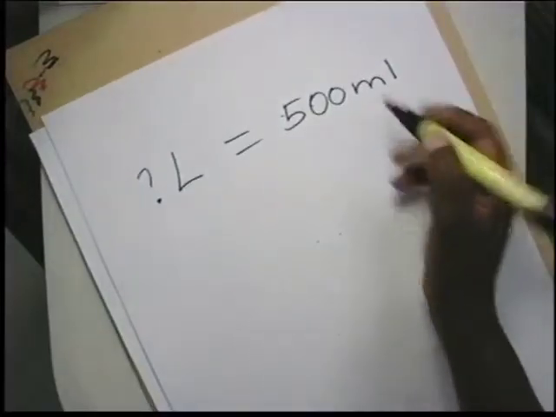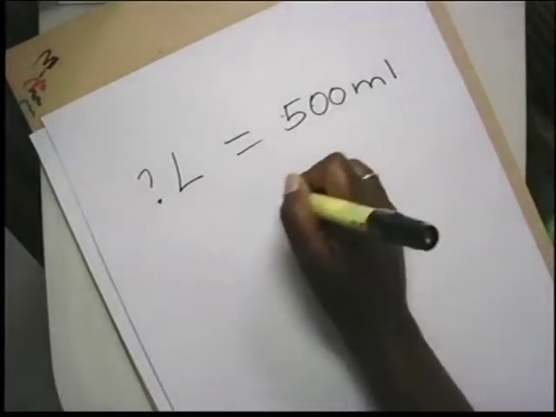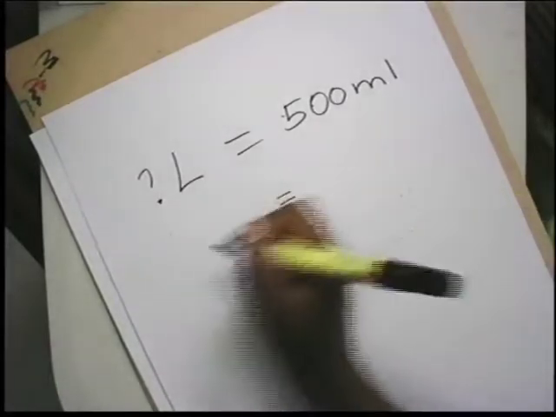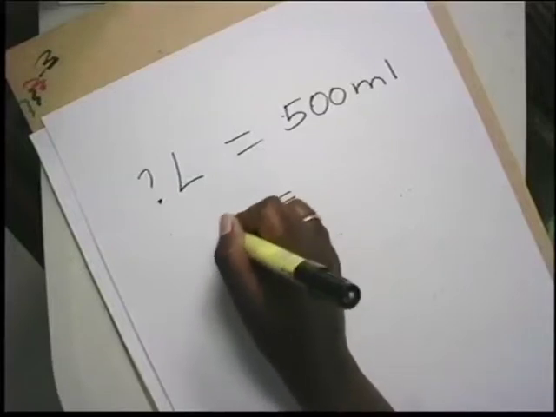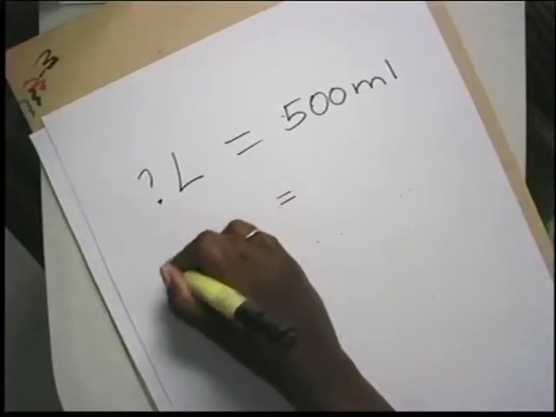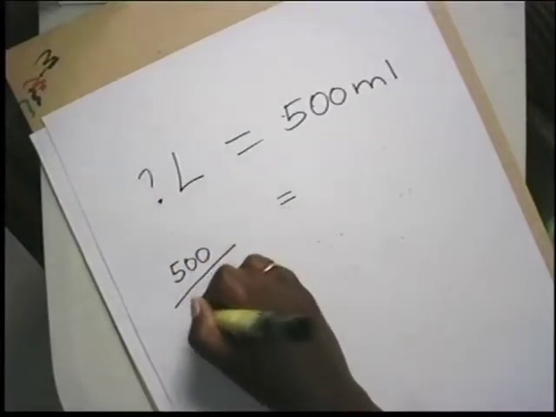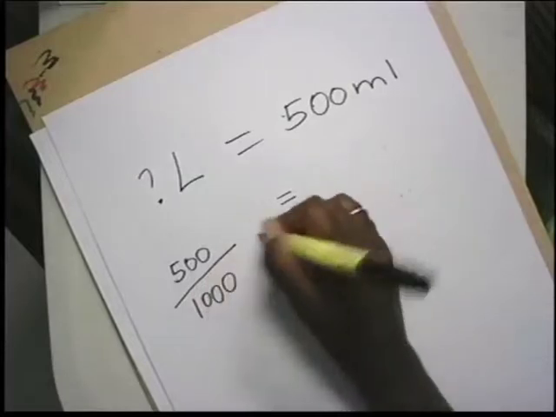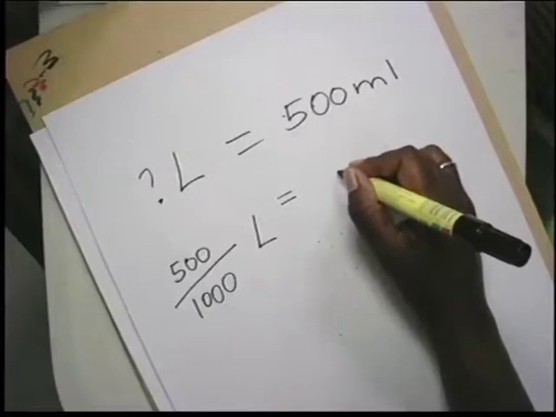We have 500 milliliters, and how many liters is that? Now we have to divide because we are getting bigger. So now we have 500 and we divide by 1,000. Then it gives us how many liters?